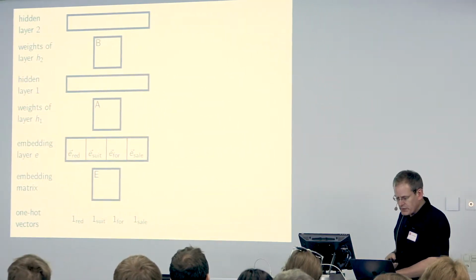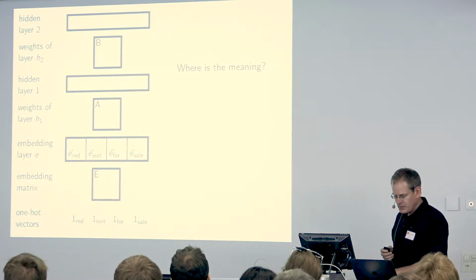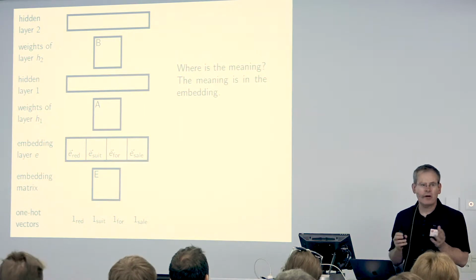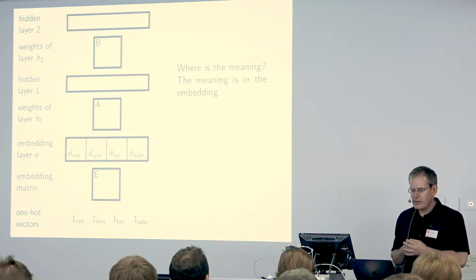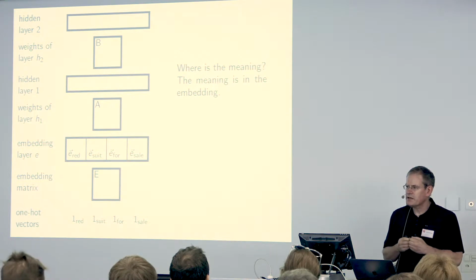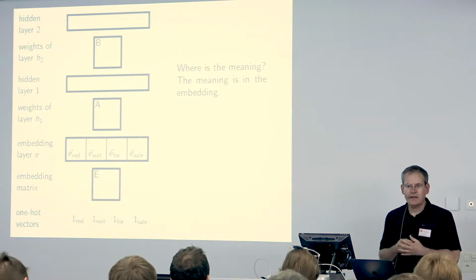So the question now is, where is the meaning represented in this architecture? And the meaning is in the embedding. I think we're all familiar with embeddings, but the embedding vectors represent the meanings of the words. So for example, the meaning of red is represented in the embedding of red.